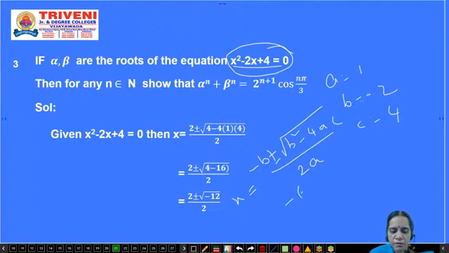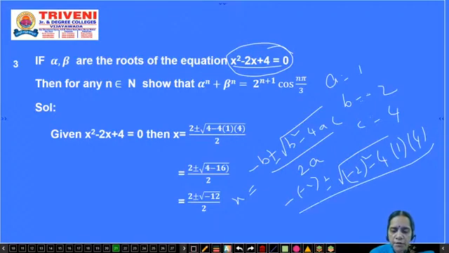Minus of minus 2 plus or minus square root of (minus 2) whole square minus 4 into 1 into 4, by 2 into 1. Minus into minus is plus: 2 plus or minus square root of 2 square, that is 4, minus 4 into 1 into 4, which is 16, by 2 into 1.